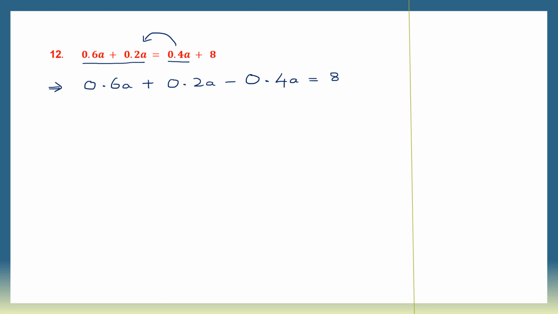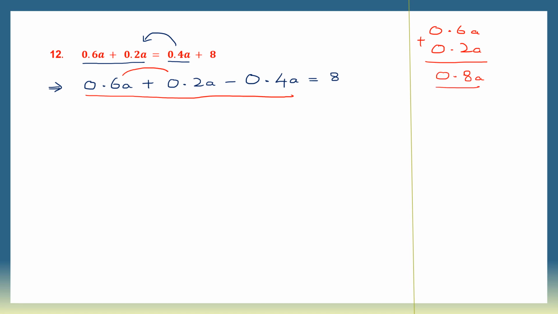Now let's work out these. So let's work out 0.6 plus 0.2 minus 0.4. So first let's do the addition. 0.6a plus 0.2a. So a will remain the same. This is addition. So 6 plus 2 is 8. So we have 0.8a.